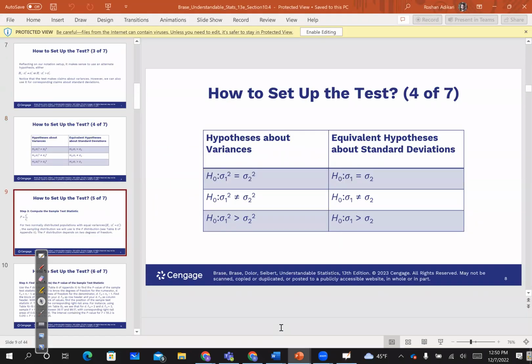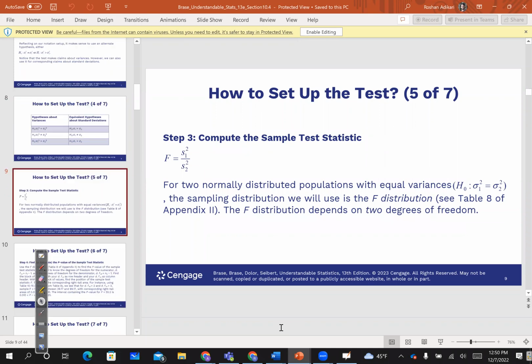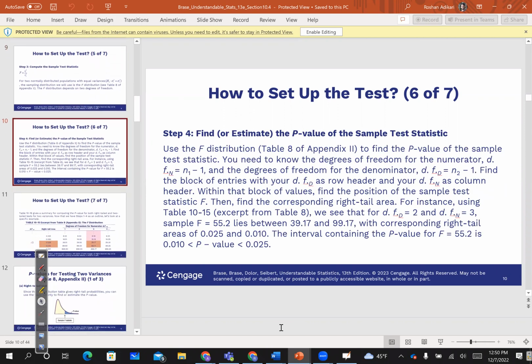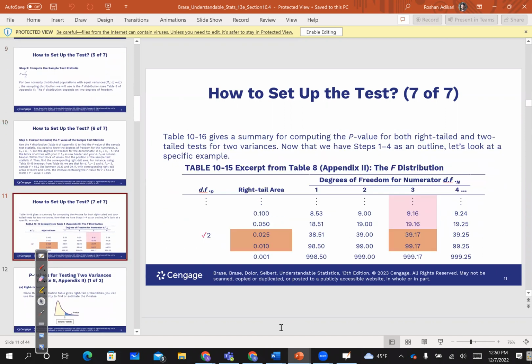Actually, if you read the 10.4 slide, the steps are pretty easy. See, for example, the degree of numerator. Now in this example, it's 3 and 4. See, you can see a 3 here, and sorry, 3 and 2.